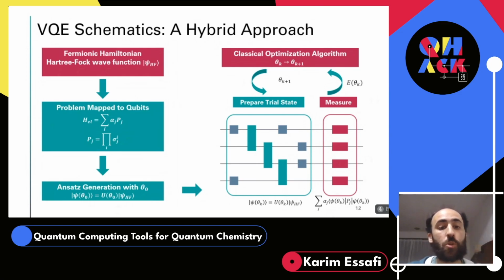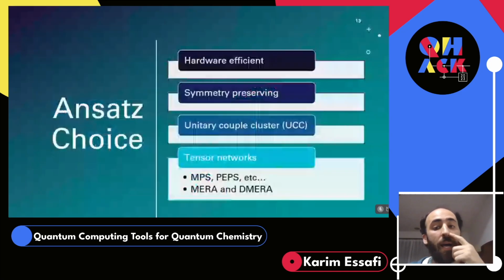And of course, to do this, you have multiple choices of the ansatz, and there are different ways of doing it. You can use a hardware efficient ansatz, which is built specifically for given hardware to take advantage of its characteristics. But the problem is that this is not guaranteed to be a good approximation for the state of interest, because it doesn't take into account the chemistry of the problem.